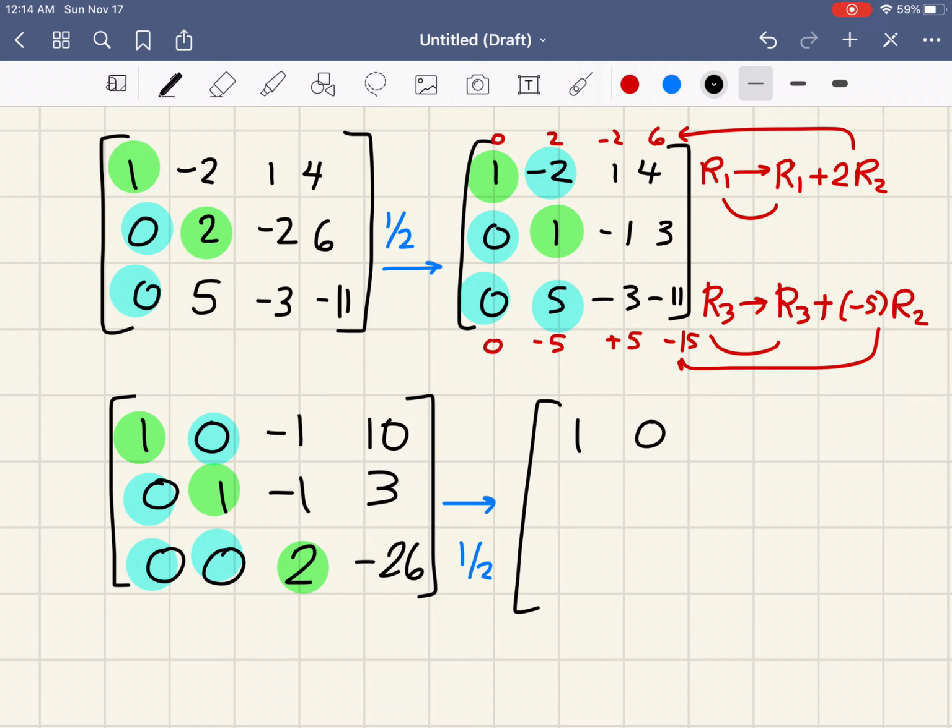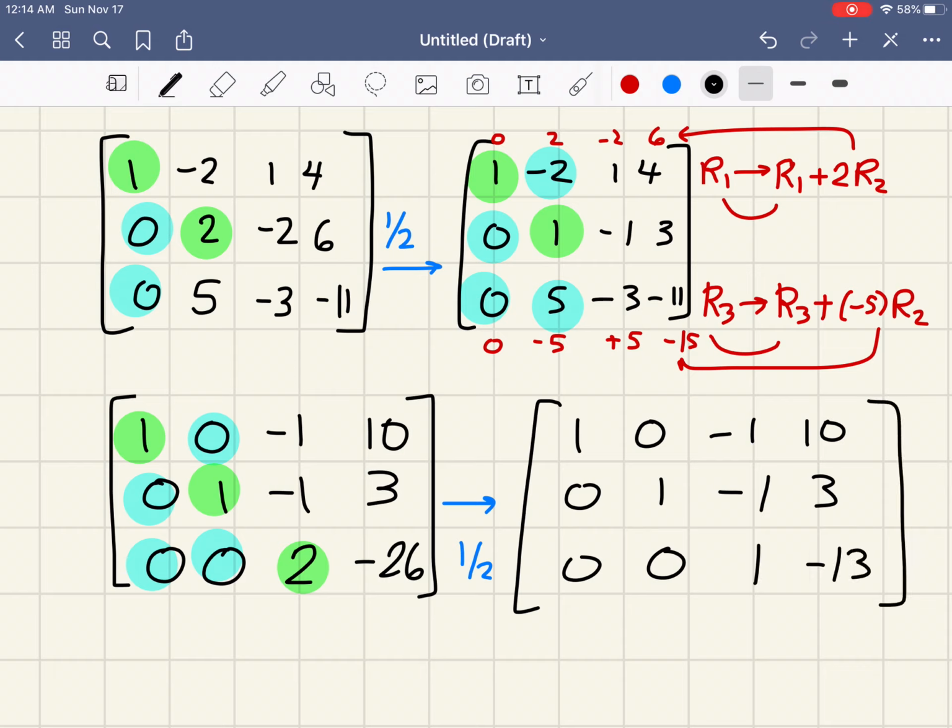1, 0, -1, 10. Again, nothing happening to the first 2 rows. I'm just copying them down. And then I have now 0, 0, 1, -13. All right, that was great because now we have leading 1s. Boom, boom, boom.